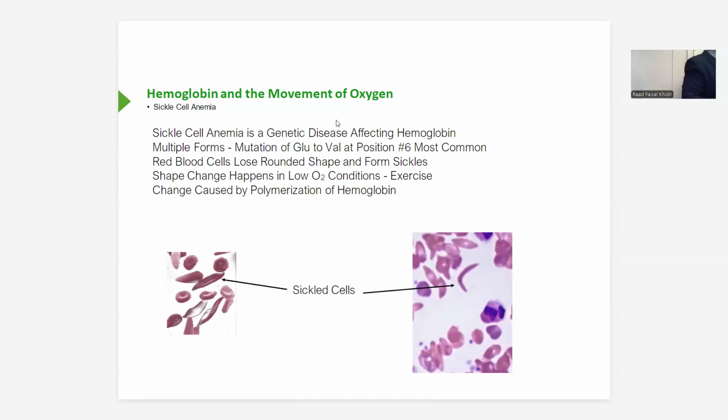And I'm going to tell you exactly which one we are supposed to have to be normal. To be normal is glutamic acid. What happened? A mutation, SNP, single nucleotide polymorphism, led to a mutation that changed glutamic acid into valine.